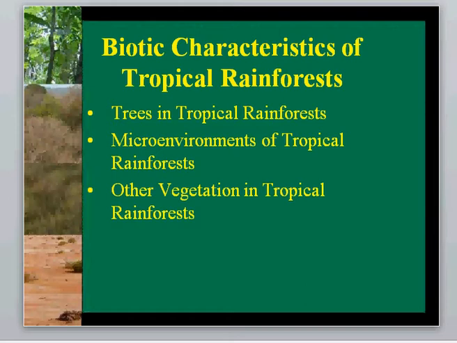So trees are the main components of tropical rainforests, but there are other vegetation components of tropical rainforests which are also important.